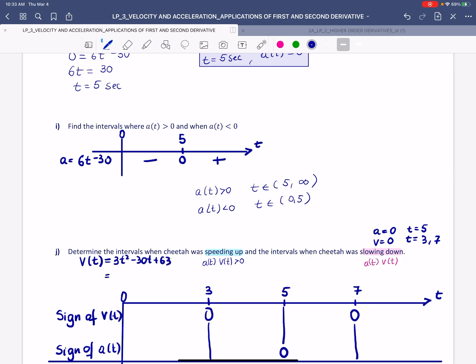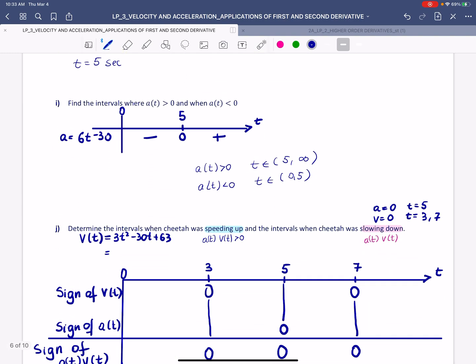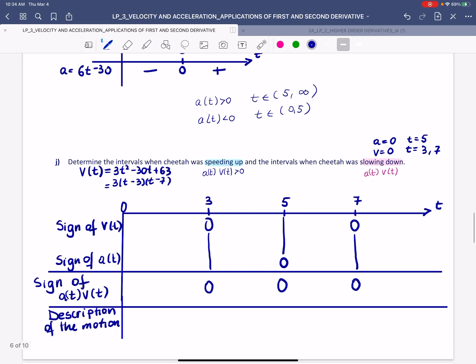And if you remember, we factored this into 3 times (t minus 3) times (t minus 7). And we said that between 3 and 7, velocity was negative, and positive on the sides.